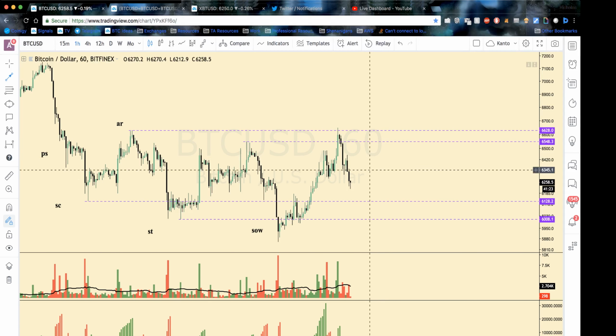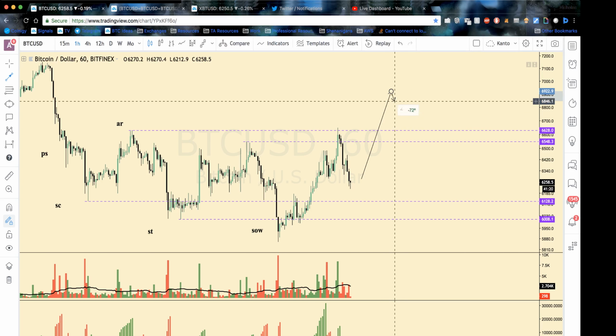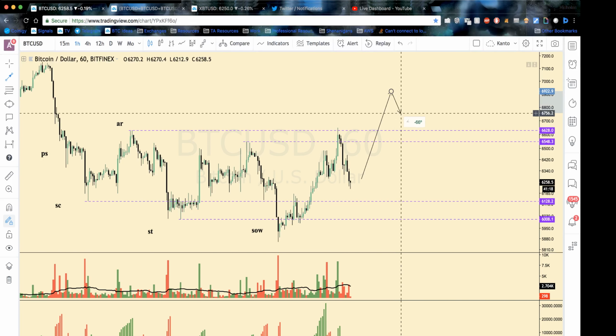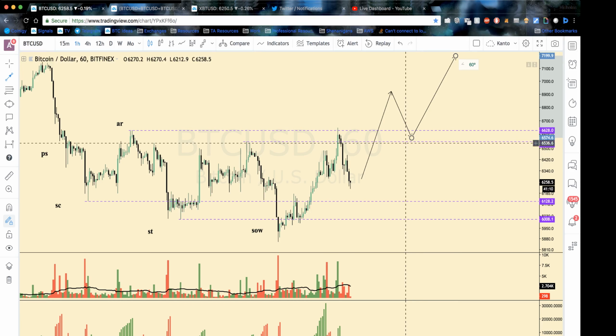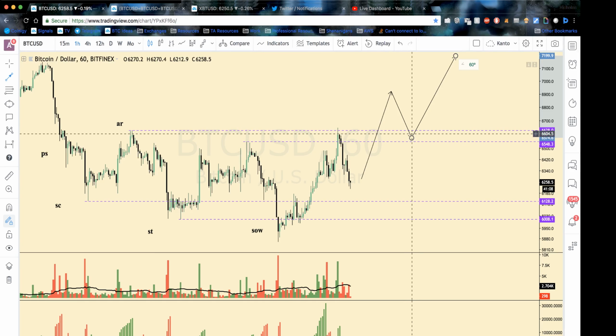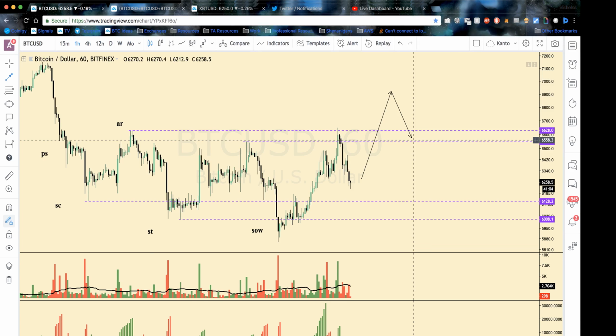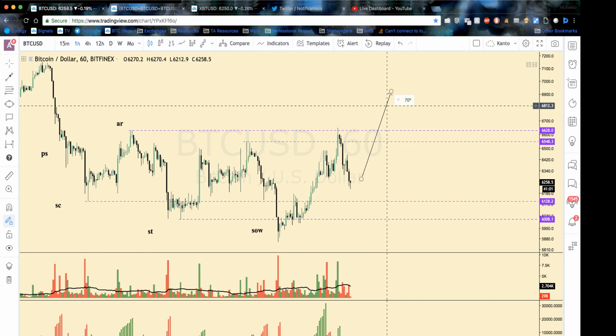And then once you break it, whatever pullback there is, whether it's a reach for it or a firm pullback into previous resistance turned support, then you buy here, right? This is the optimal trade entry.